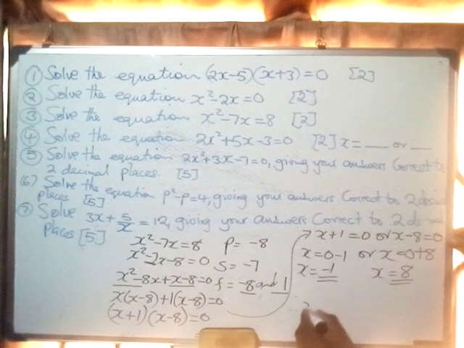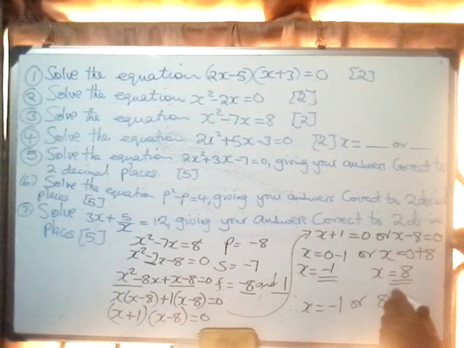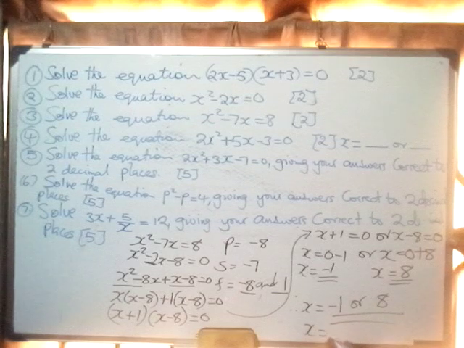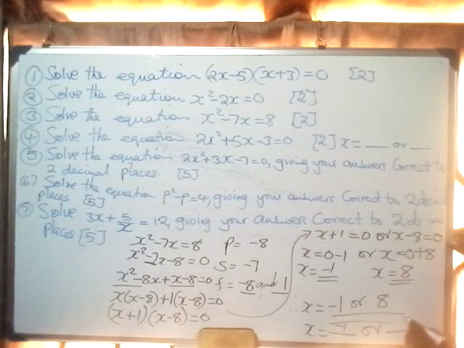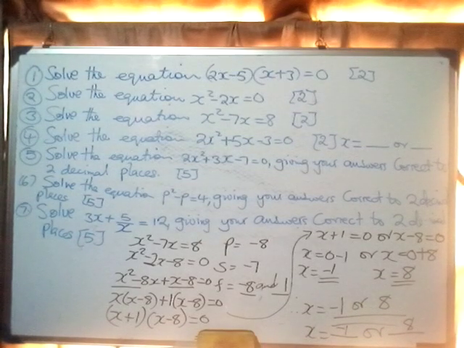So therefore the values of x are negative 1 or 8. These are the values of x. As usual, x is equal to dash or dash. So you write negative 1 there, and there you write 8. So this is what we have.